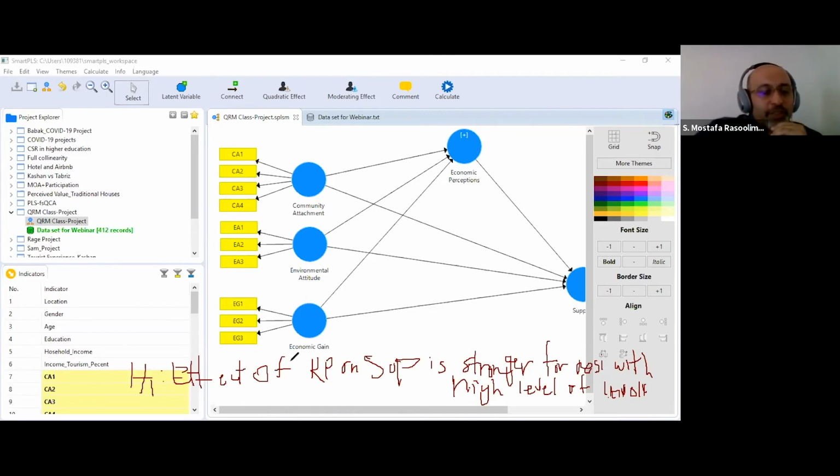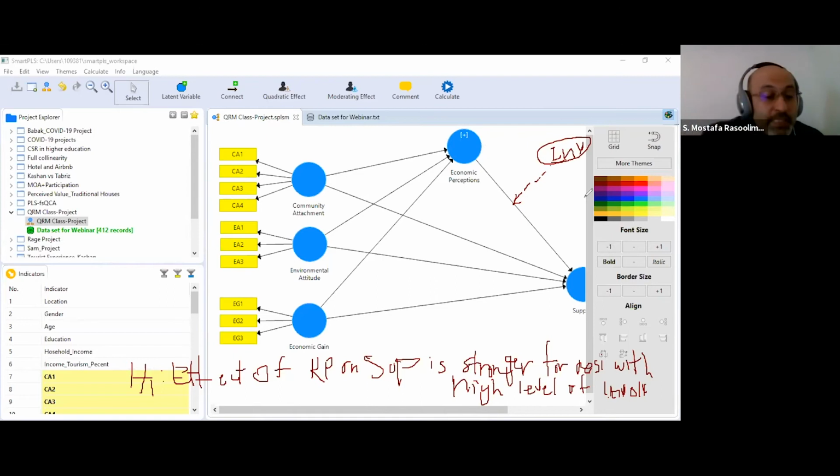Another way to write moderating hypothesis is: involvement moderates positively the effect of perception on support. So involvement is here, and involvement moderates this relationship, but positively.